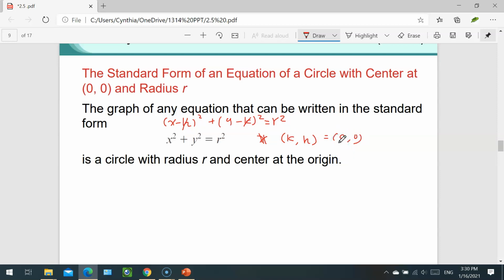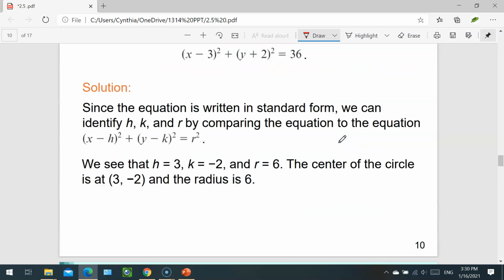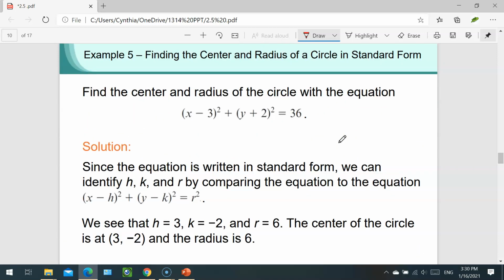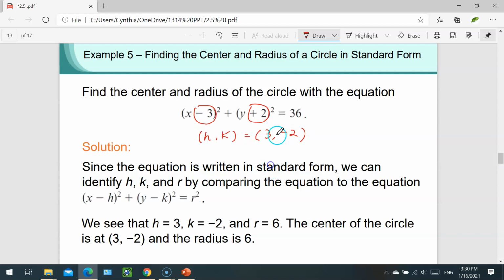Now we work on this example. Find the center and the radius of the circle. We find the center by using these 2 numbers, but we take the opposite number. So the center (h, k) is at (3, -2).